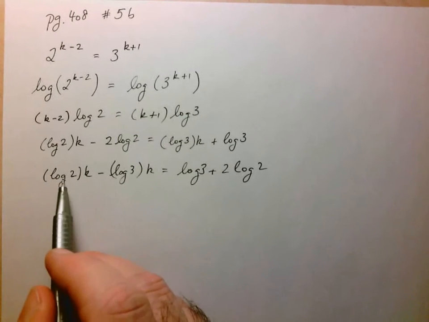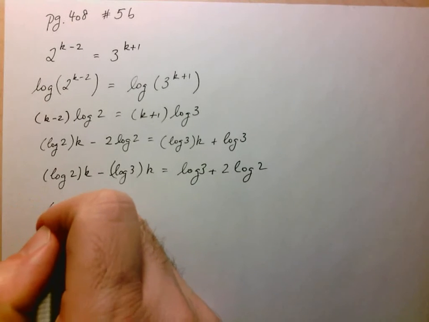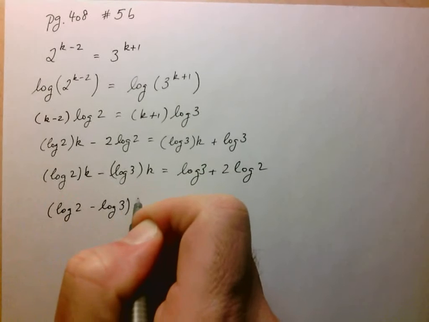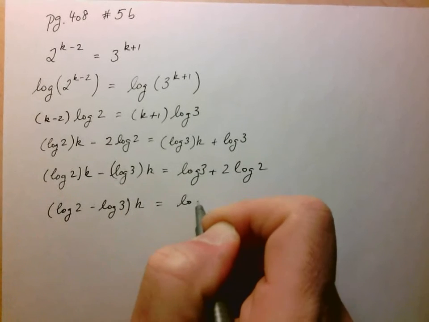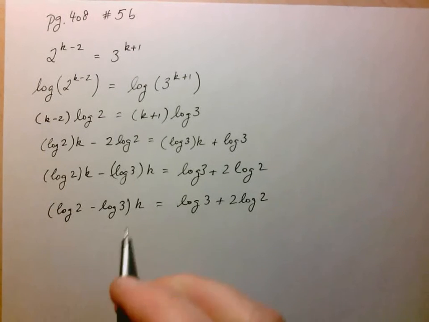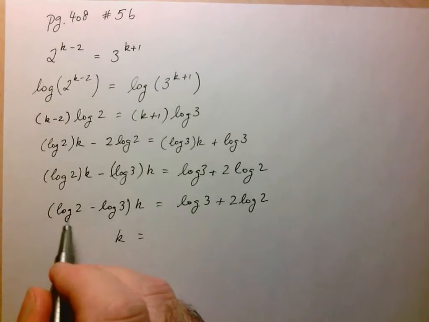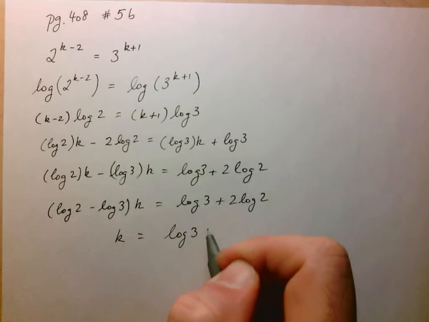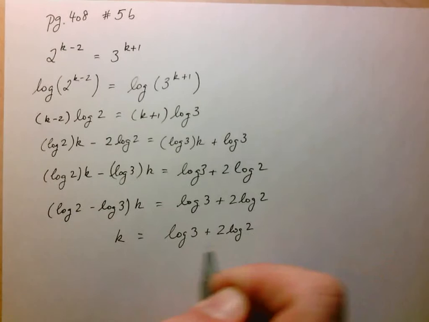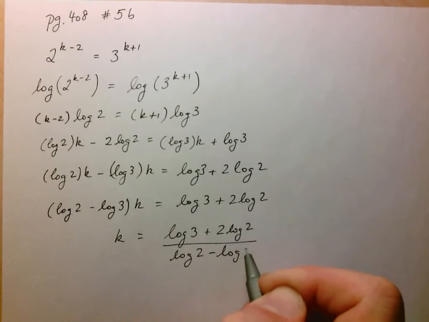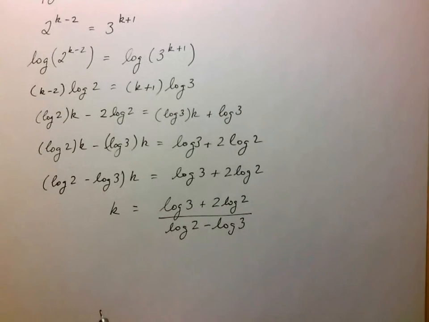By subtracting the coefficients. So this just becomes log 2 minus log 3, times k, equals log 3 plus 2 log 2. Now I can solve for k by dividing out this coefficient on both sides. So I'm left with log 3 plus 2 log 2, over log 2 minus log 3, and this would be your final answer.